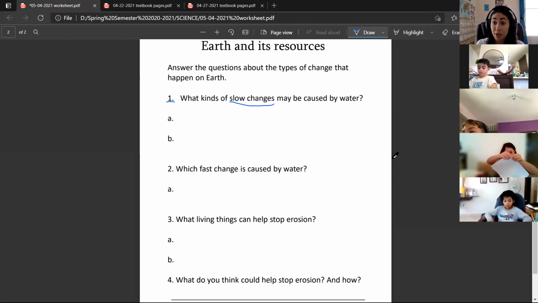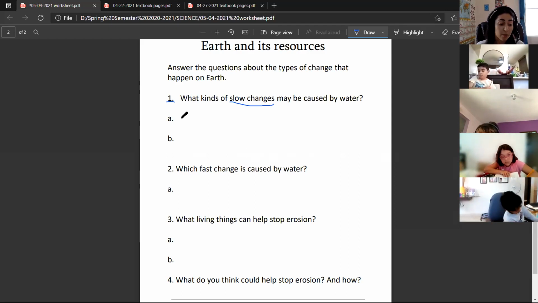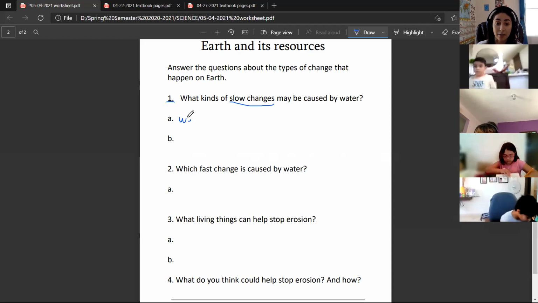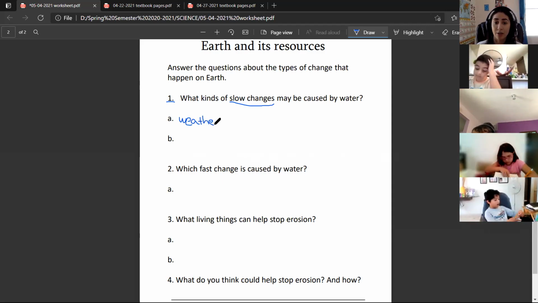And you have the pictures of the slow changes. So you can look at the pictures of the slow changes and you can figure out which one has to do with water. So it'll be weathering and erosion. That's what I said. You said erosion? I'm sorry, I understood flood.